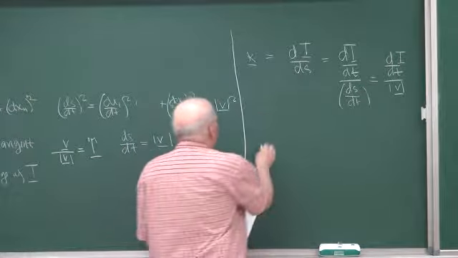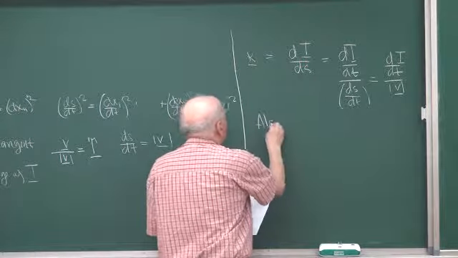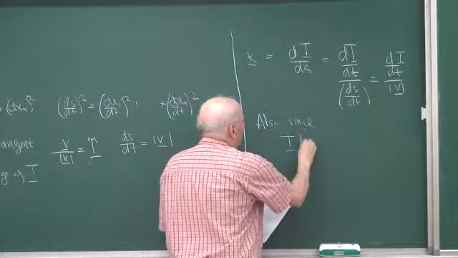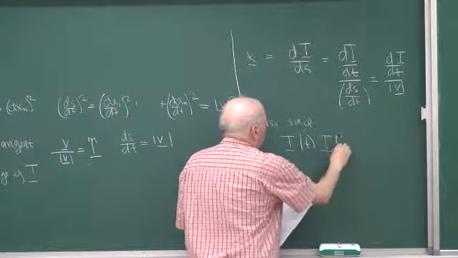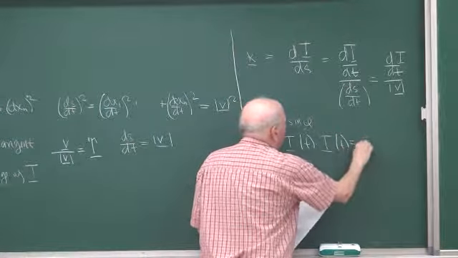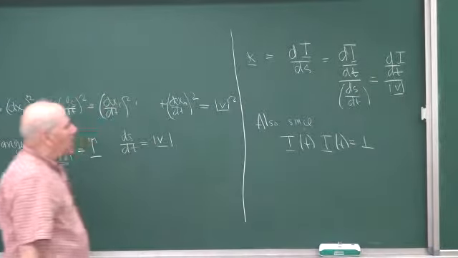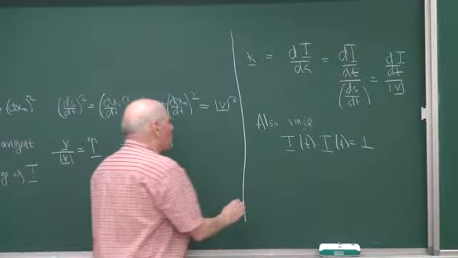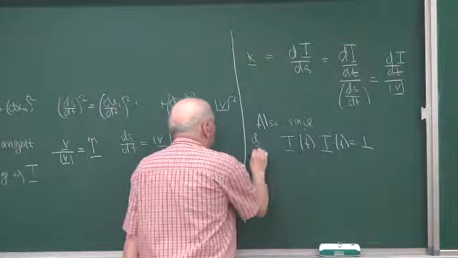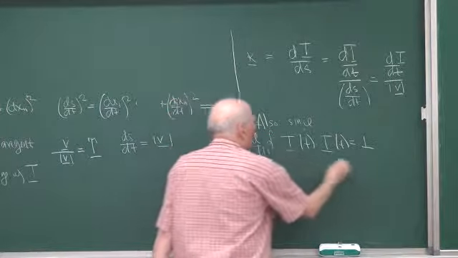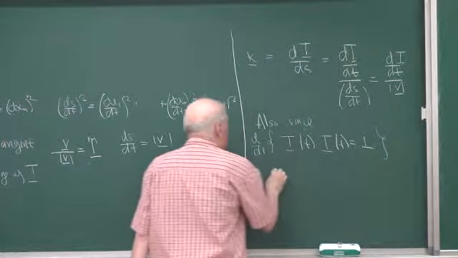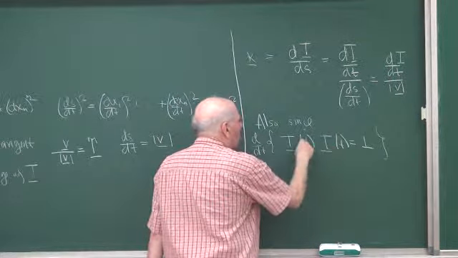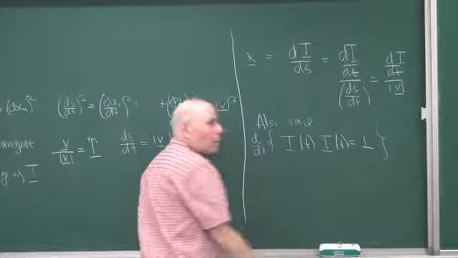Okay. Also, since capital T is a unit vector, we know its Euclidean dot product with itself has to be 1. So we made it a unit vector. So if I differentiate this with respect to time, then the left-hand side is the derivative of that one times this one plus this one times the derivative of that one.